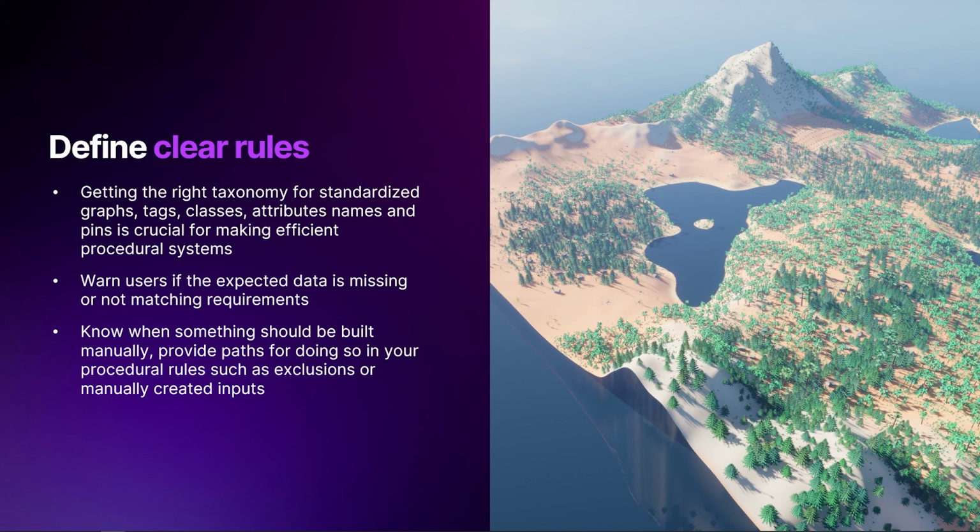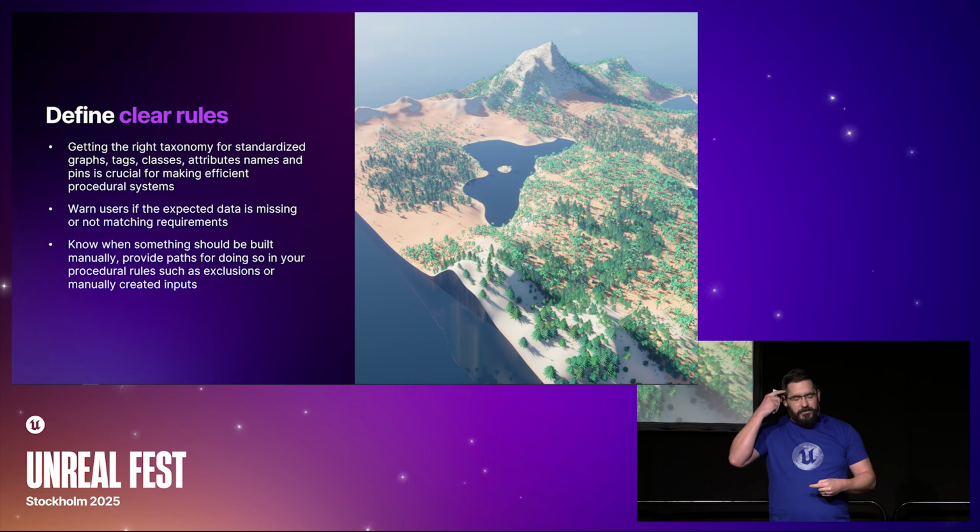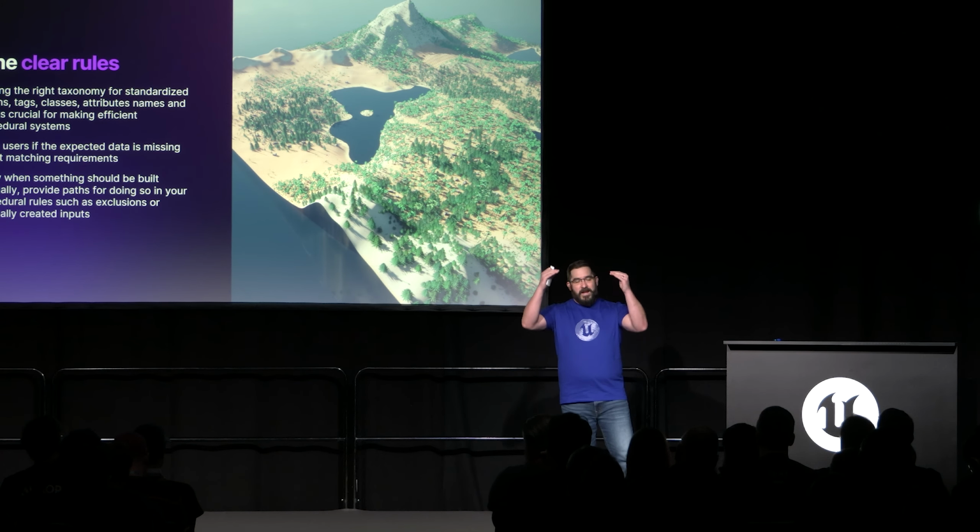And of course, we have to tell our users when data is missing, when something's not working right. And again, I really want you to think about what should be done manually. Where do we want to expose the inputs to our users? Maybe it's good enough to have someone place the road rather than building a PCG system that defines where the road should be, right? Think about those different levels.